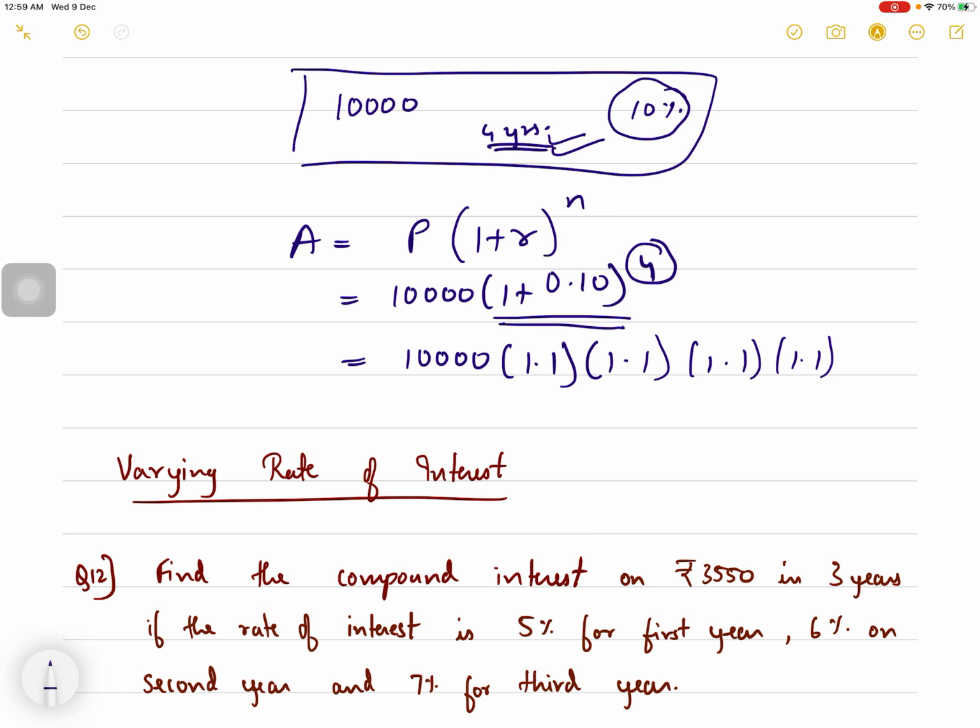Because 10% you are charged for 4 years, you do raised to 4. That means you are multiplying that 10% 4 times, right? So with this logic, this is interest for first year, second year, third year, and fourth year.